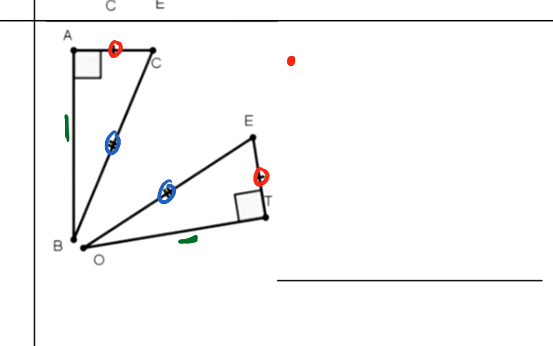If I take a leg that is marked in red and I square it, and I add to that the other leg squared, you can see the legs are red and green, I will get the same value as if I took the hypotenuse and squared that. So after an application of the Pythagorean theorem, I can demonstrate that all the sides are the same. So with the Pythagorean theorem plus what was given, I could say these triangles are congruent by side, side, side congruence, which we've already established as one of our triangle congruence conditions.